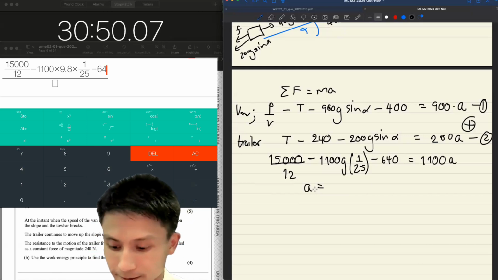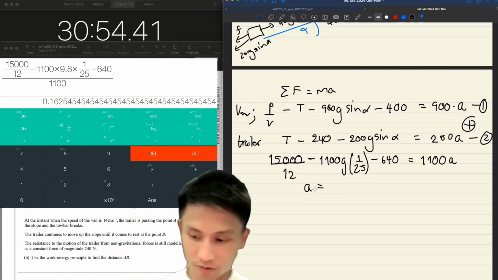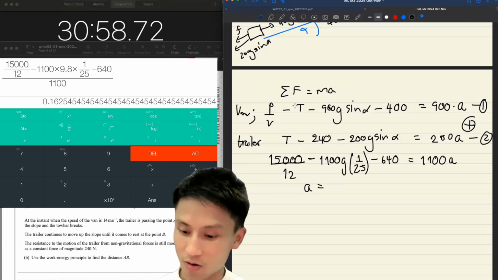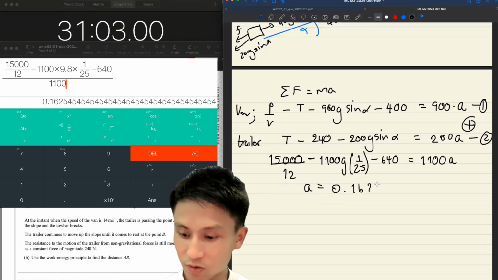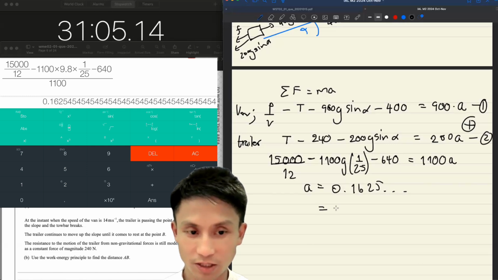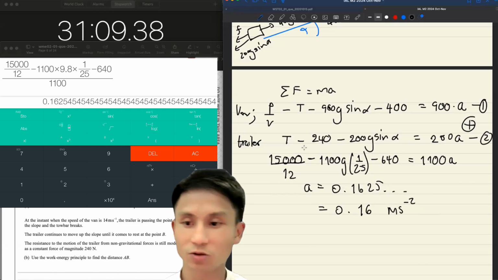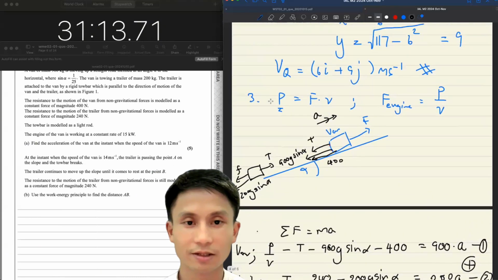Minus that, and then all divided by 1100. Just checking if I put everything in. That should be fine. So that's 0.1625..., which is 0.16 meters per second squared. That's a done. That's a.